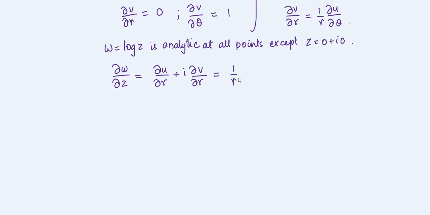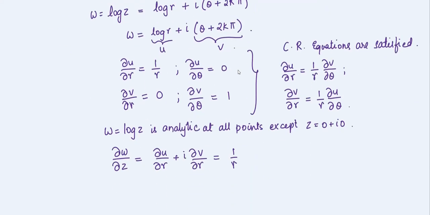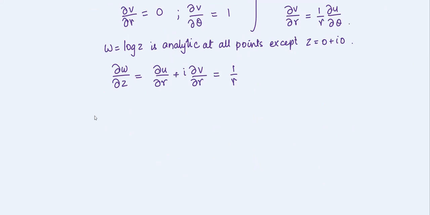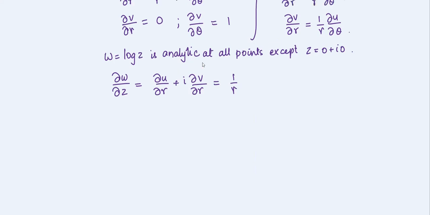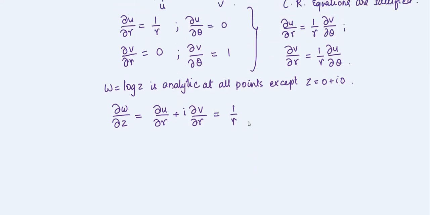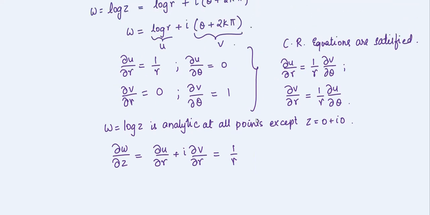So dou U by dou R is 1 over R. Now, this should be 1 over Z. So this is 1 over R. If you directly differentiate, you will get this.